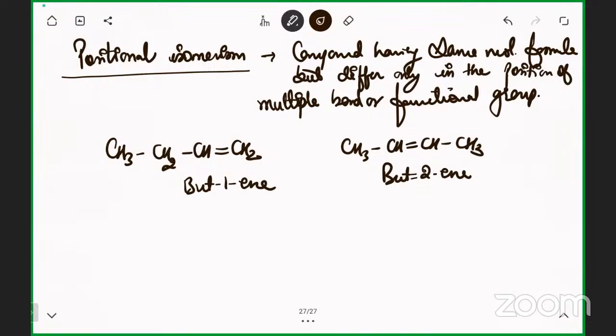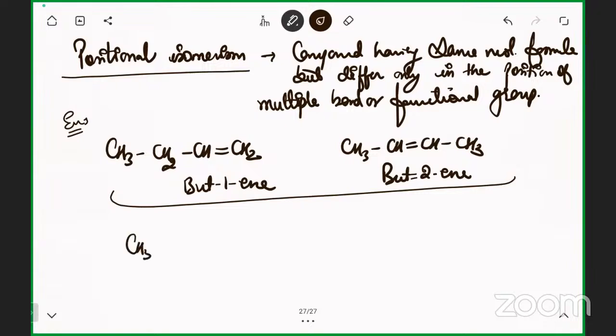What is the difference? Only the position of the double bond is different. The rest are the same. They are known as position isomers.